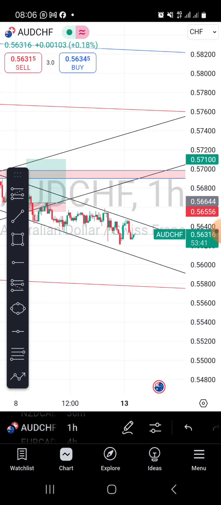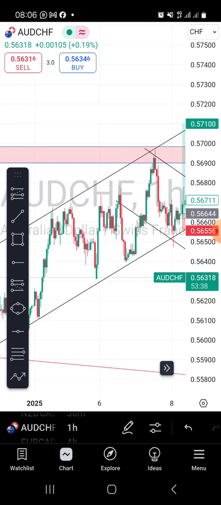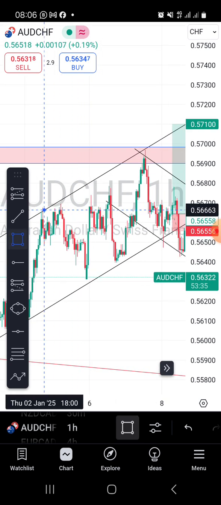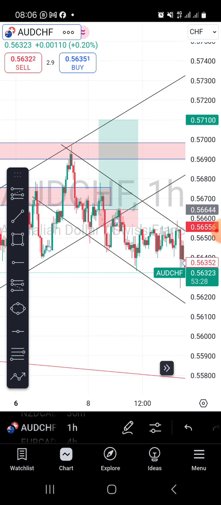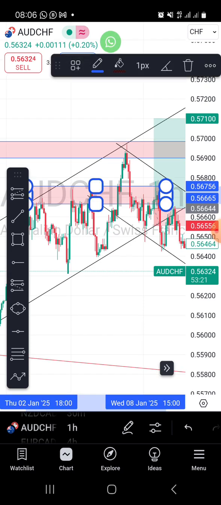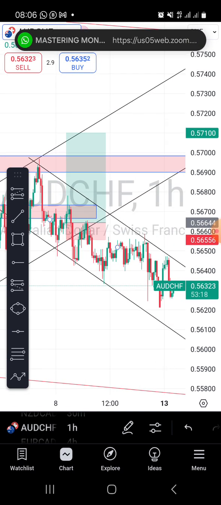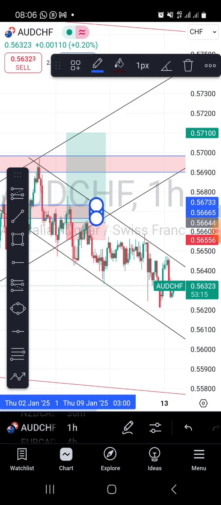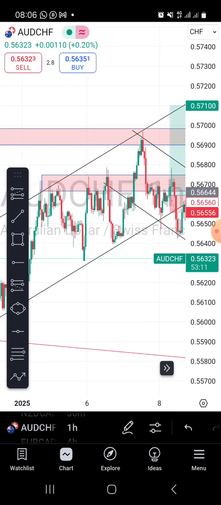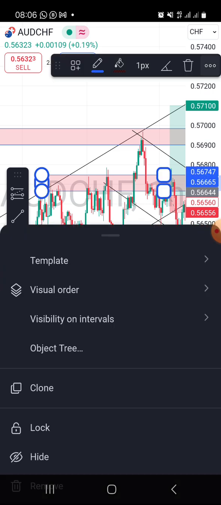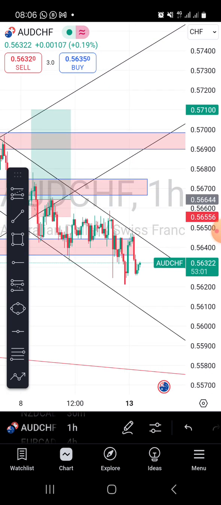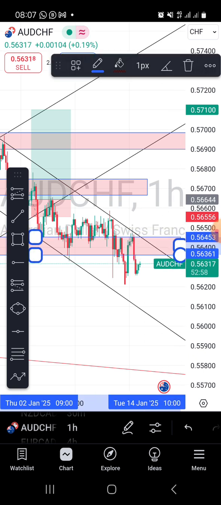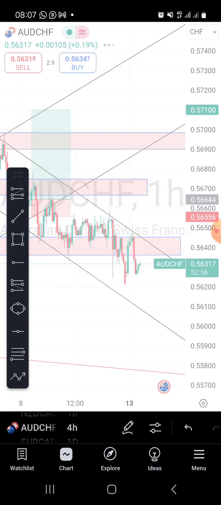Going to H4, we have a reversal pattern to here. So I would like to switch to H4 now.